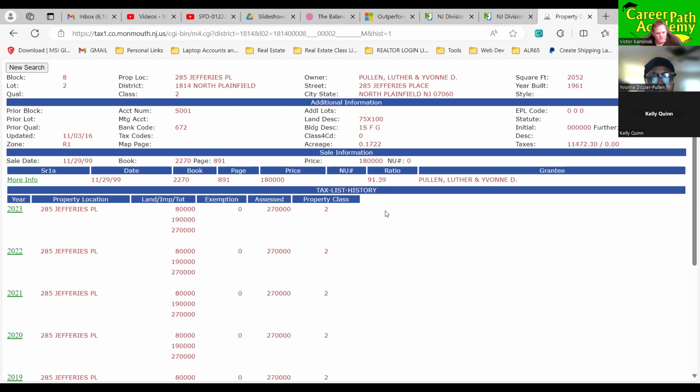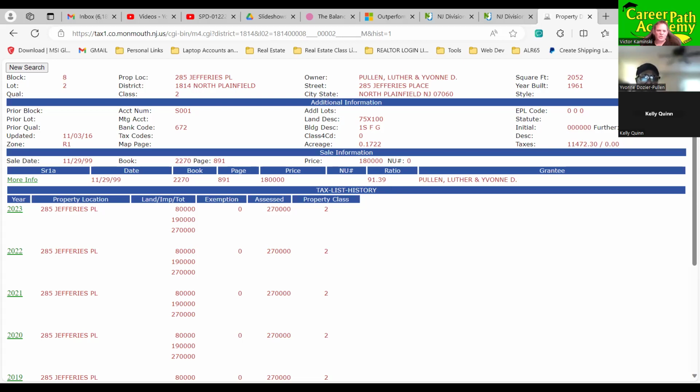Sorry, $270,000 divided by 91.39, and then times that by 100. So it's estimated to be $295,437 today, if they're still using that 91.39 tax ratio.